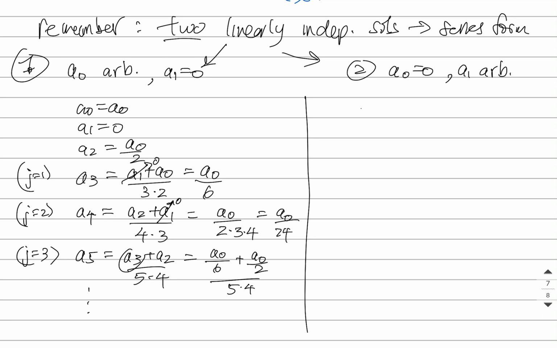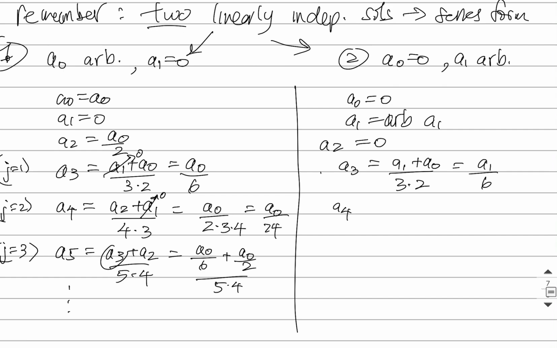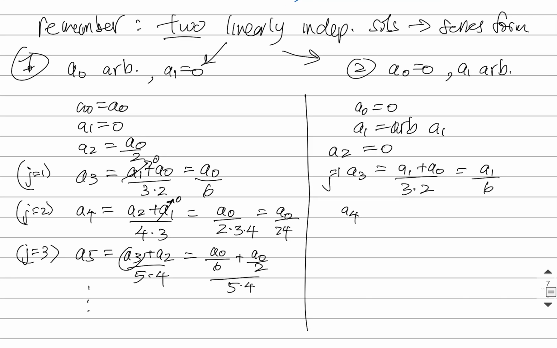Now, on the other side, if you set a0 equal to 0, a1 equal to 1, or arbitrary, so we'll just call it a1, a2 is also going to be equal to 0. a3 is now going to be, as before, a1 plus a0 over 3 times 2. So that's going to be a1 over 6. a4, so this was when the recurrence relationship had j is 1, j is 2, is going to be a2 plus a1 over 4 times 3.